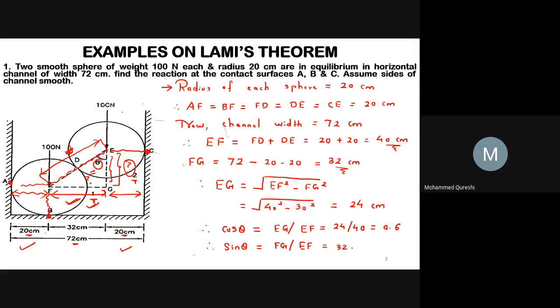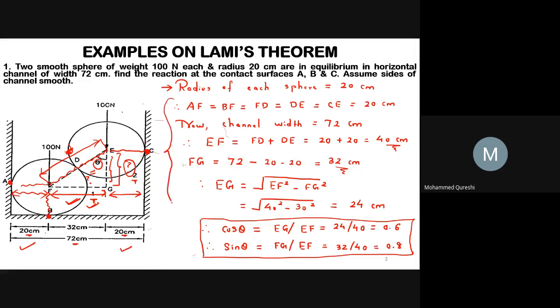So 32 upon 40 equals 0.8. For getting this value in terms of theta, that is sine component and cos component, we have to calculate all this data.